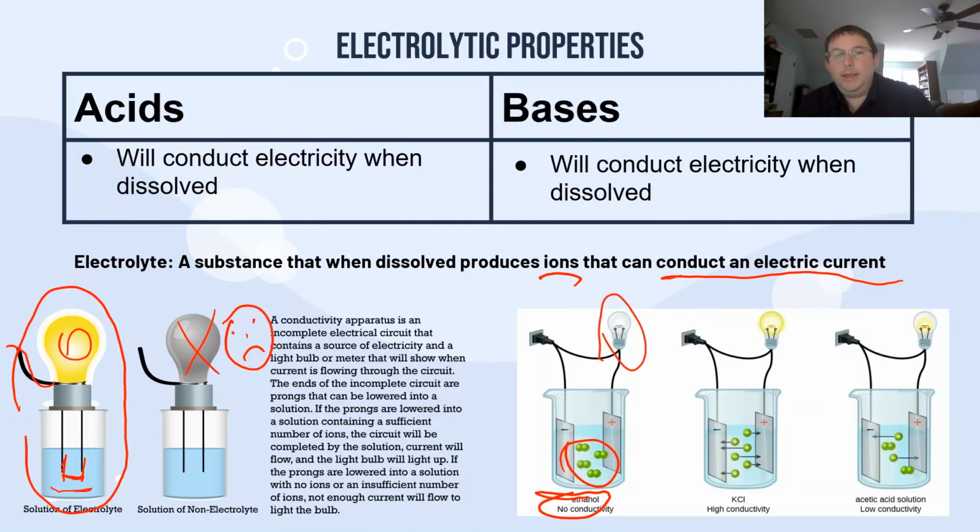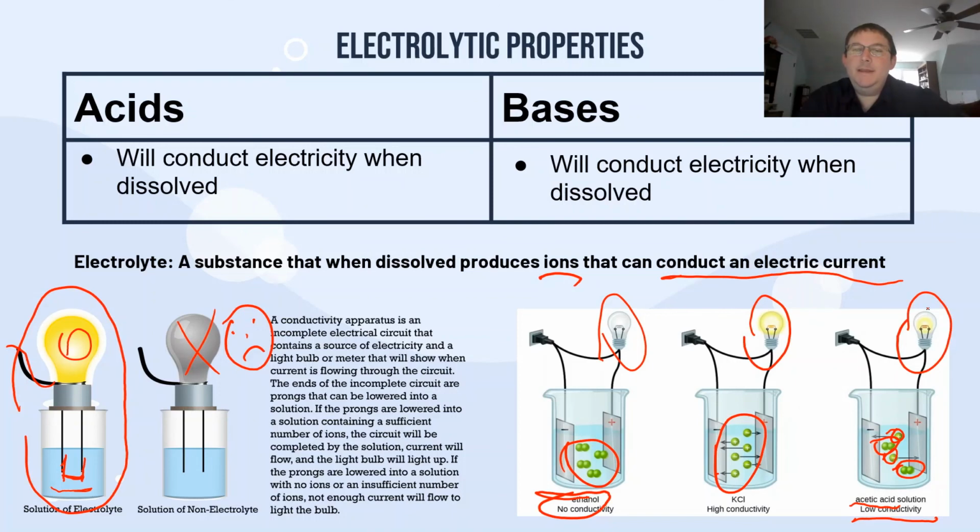A strong electrolyte does produce ions, and only ions, and will in fact light up the bulb very brightly. A weak electrolyte has some ions, but also has some particles that aren't ions, the original particle that dissolved. The example here is acetic acid. And it'll light up the bulb, but not very brightly, because there's just not as many ions there to conduct that electric current.